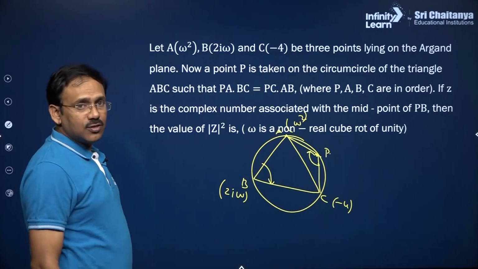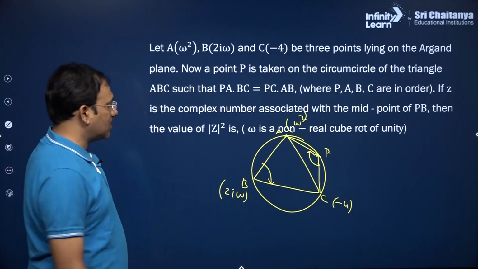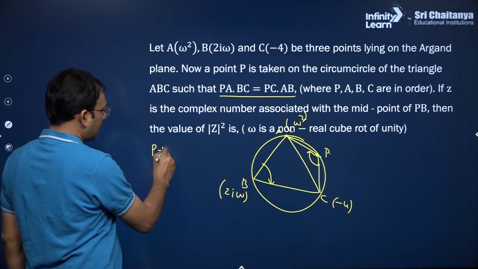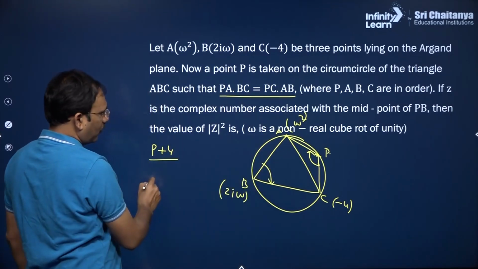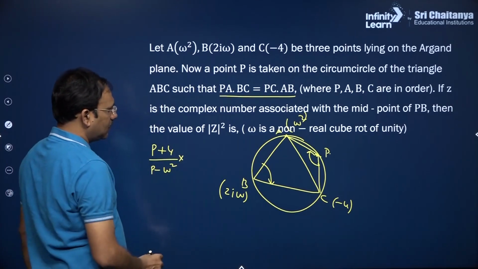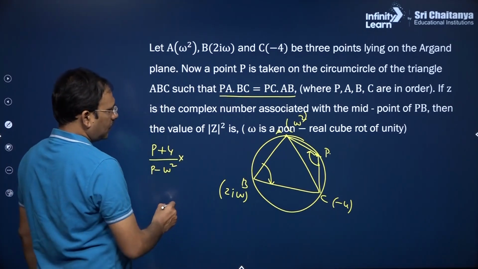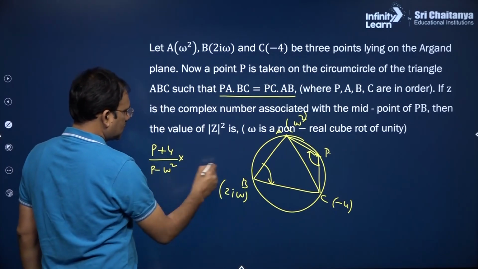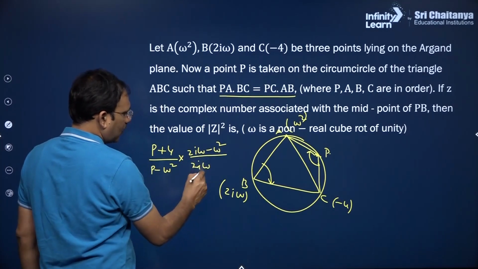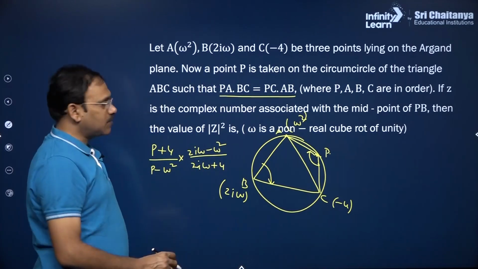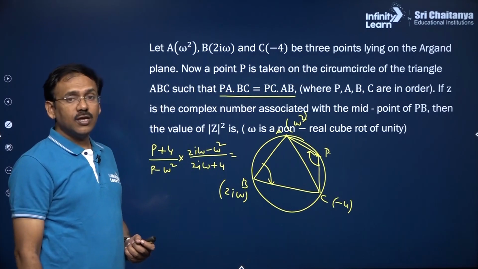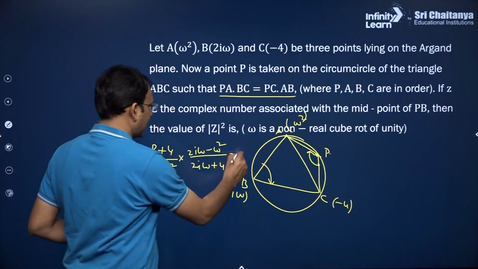So, you just apply Coni's theorem application, the angle here by using this result, my dear friends, you will get (P plus 4) by (P minus omega square) multiplied by (2i omega minus omega square) by (2i omega plus 4). This product, by using this result, the angle between them is equal to 180. So, e power i pi is cos pi plus i sin pi, you will get minus 1.